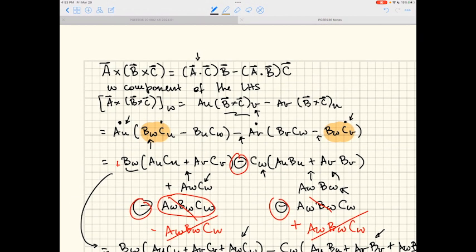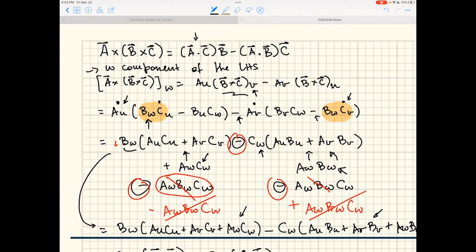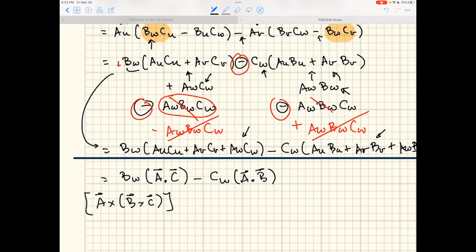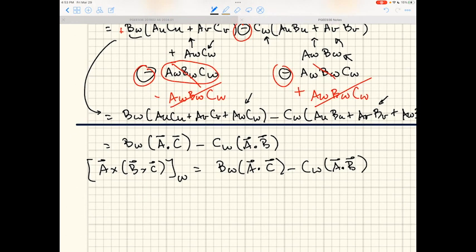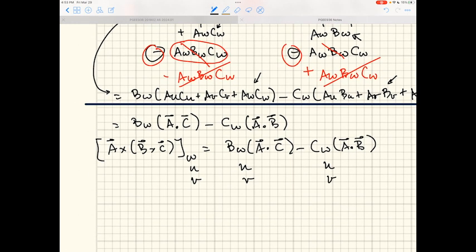components, the W component is related to the W component, BW times AC minus CW times AB. Now, if you use cyclical permutation, you can show that this for U is valid also, as well as for V. So that completes the demonstration, right?